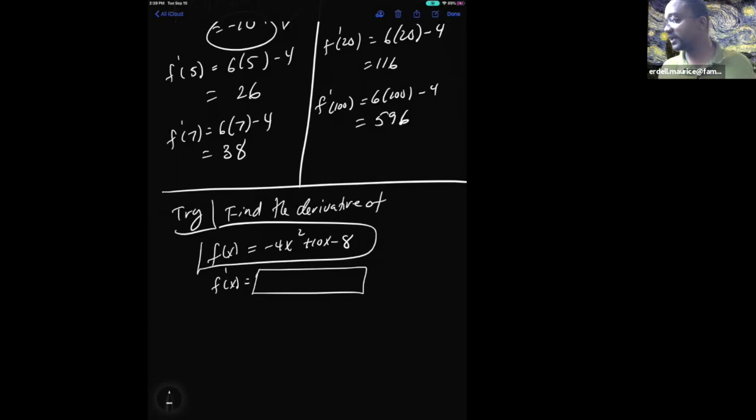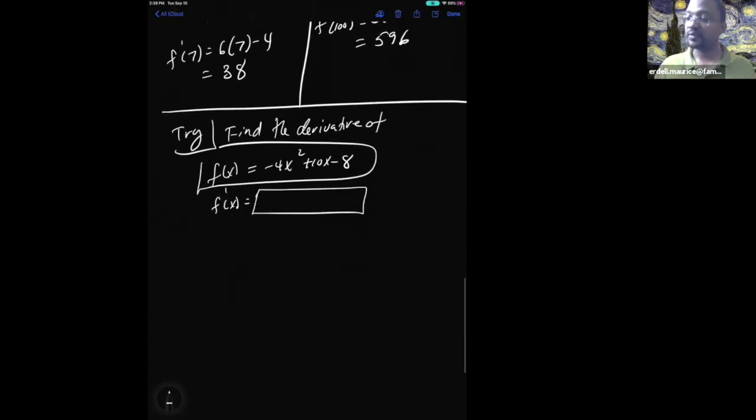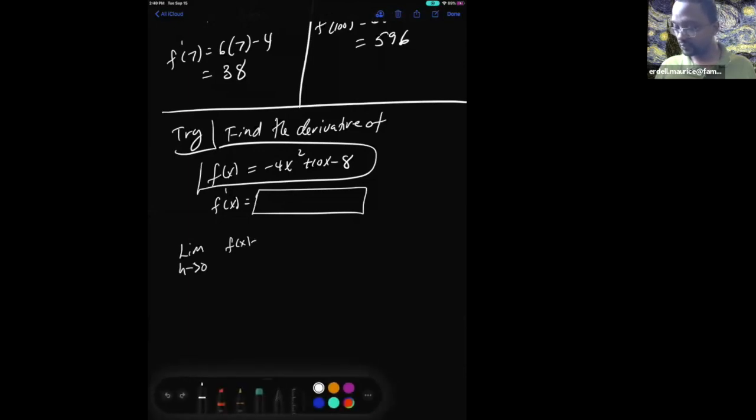So let me go ahead and work this problem out. Again, we're trying to find the limit as h goes to 0 of f of x plus h minus f of x, divided by h.